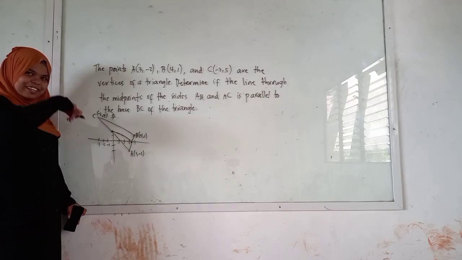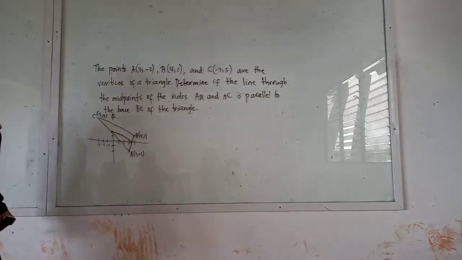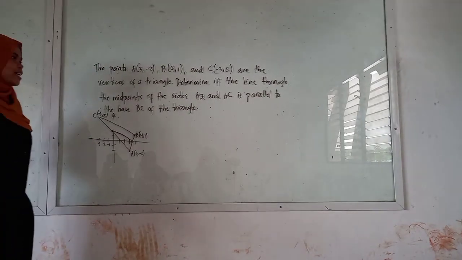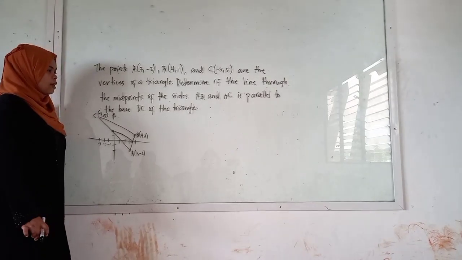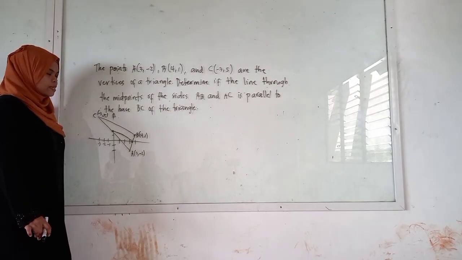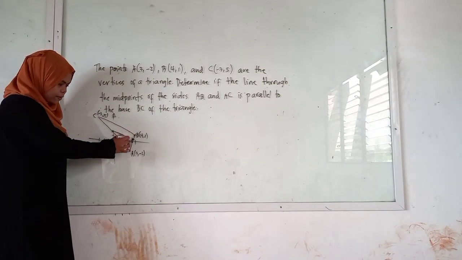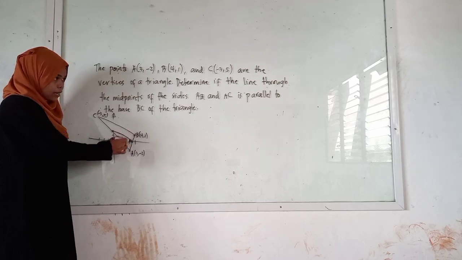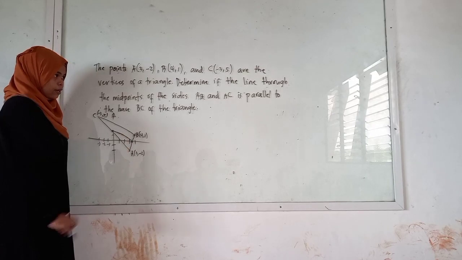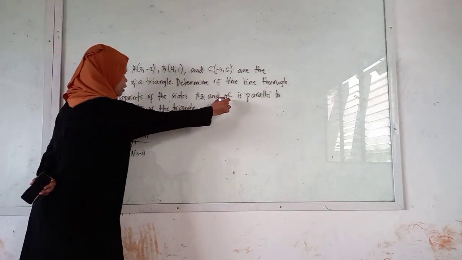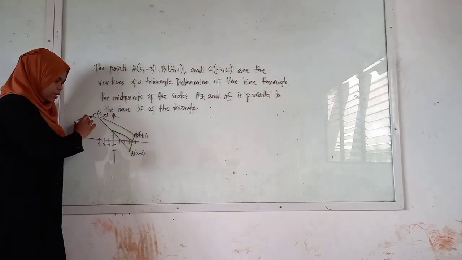Okay. So, the points A, B, C are the vertices of a triangle. So, determine if the line through the midpoints of the sides AB. So, if this is the segment AB, side AB, yung midpoint nito, this one. Tapos, AC, nandito yung side AC natin.